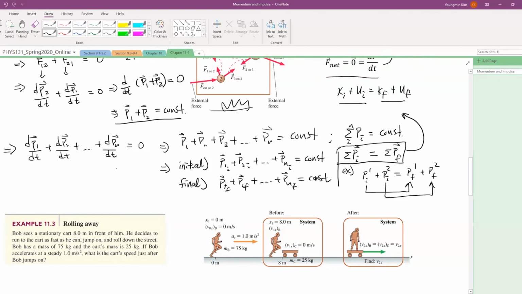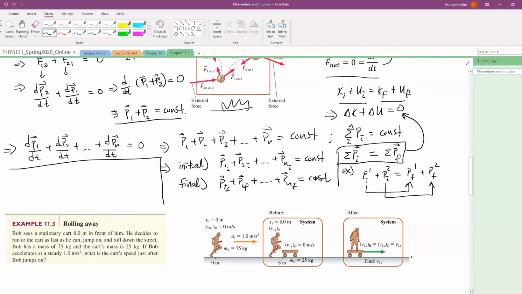Okay, a different way of expressing this, of course, as we have done with the forces, or with the change of potential energy being equal to 0. That is also the same case here.